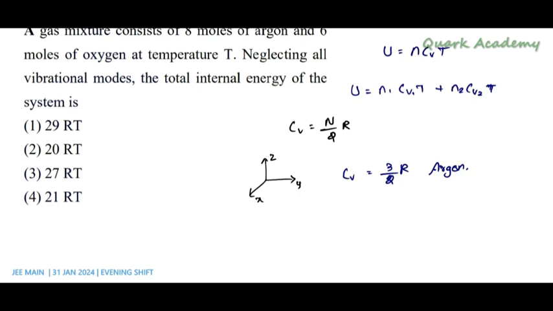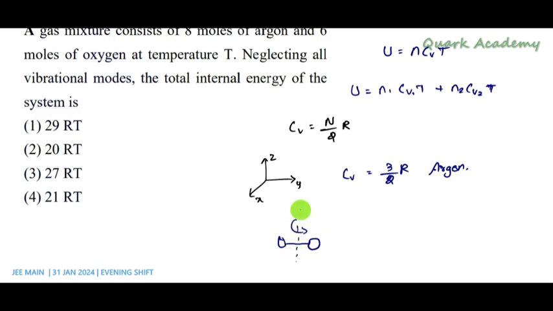Whereas when we consider oxygen, it is a diatomic. So 2 atoms are there in a single molecule, and they will be connected like this. These 2 atoms can move along X, Y, Z axis. There is no constraint, so it will have 3 translational degrees of freedom. The movement along X, Y, and Z axis is known as translational motion. Along with that, this molecule can rotate also.